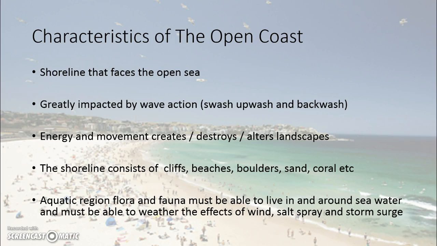This area is greatly impacted by both the wave action and other movements, extreme tides, at times, cyclones, big winds, big storms. These all have a great effect on the open ocean versus Melbourne, which doesn't get the same battering from storms because the bay is so enclosed.